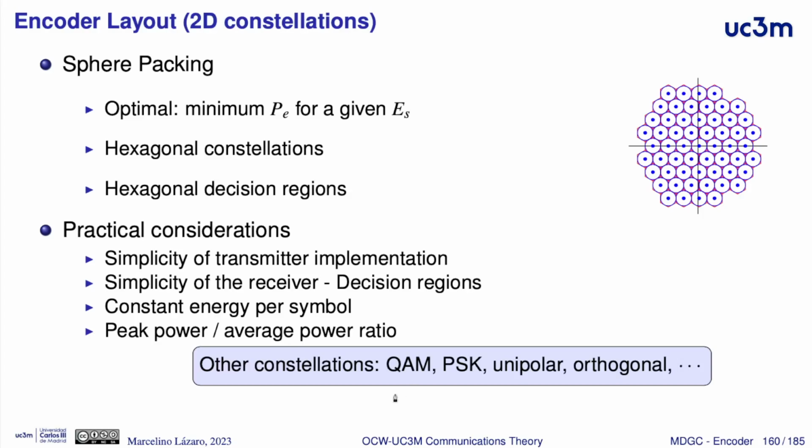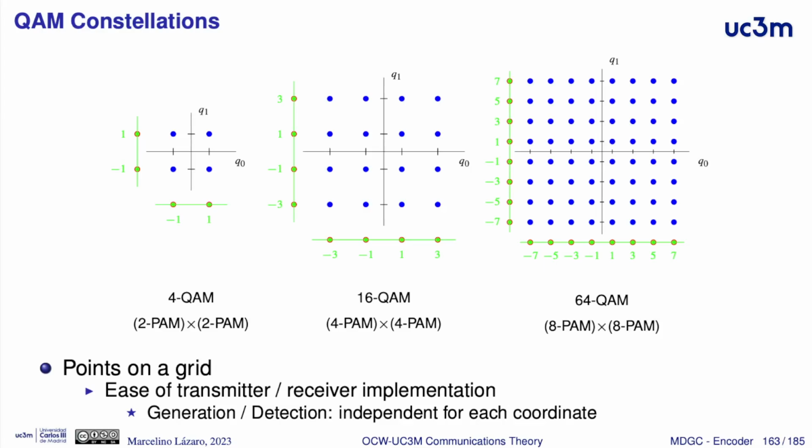Probably the most common two-dimensional constellations are QAM and PSK, and because of this, we will see this kind of constellations now. The symbols in a QAM constellation are arranged in a square grid.